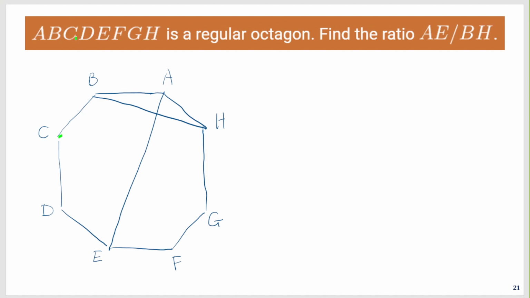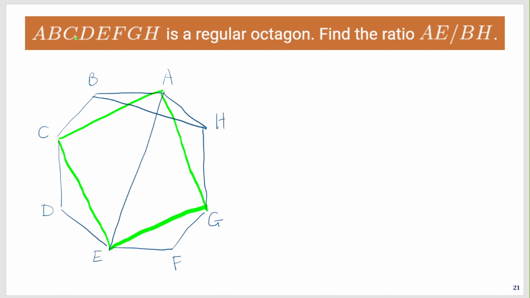Is it congruent to AC? The length of BH should be equal to AC, right? This is very easy to prove. And how about CE? CE also has equal length with BH, right? And how about EG and AG? We could prove each of the lengths here is equal to the length of BH, right? Can you see that?